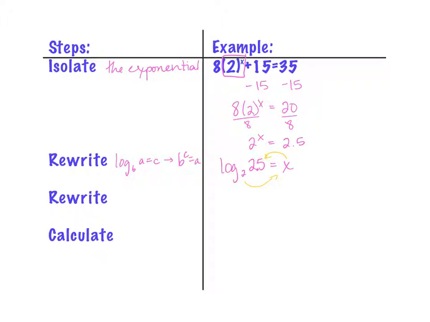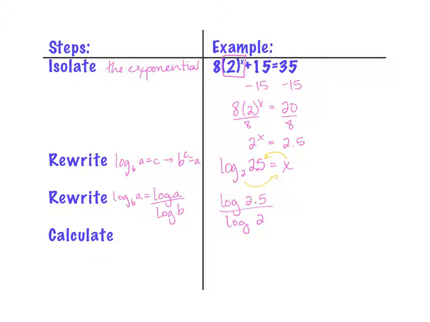My second rewrite is the log base b of a is equal to log a over log b. So I take this and rewrite it as log 2.5 over log 2.